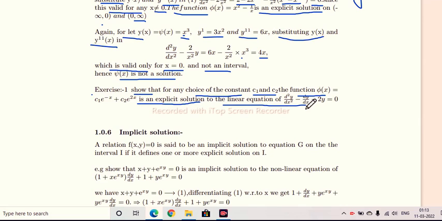Proceed the same as above and try to show that this is explicit.